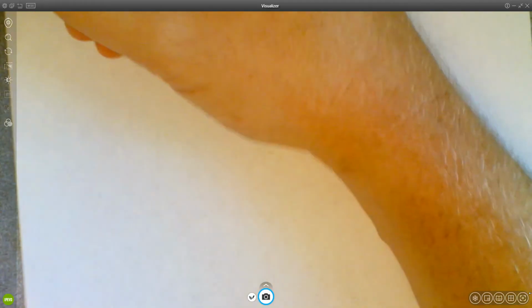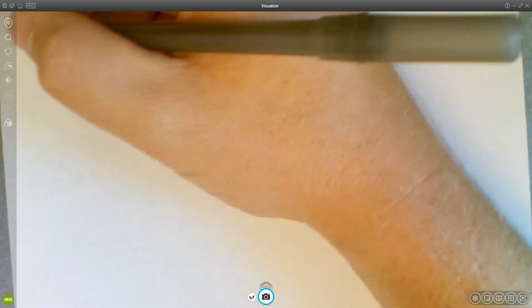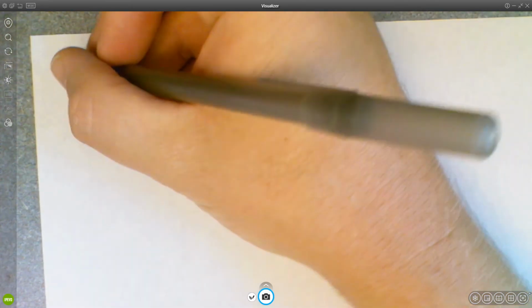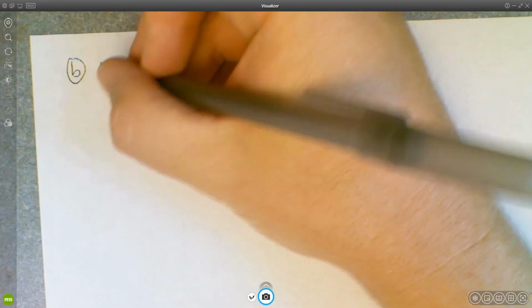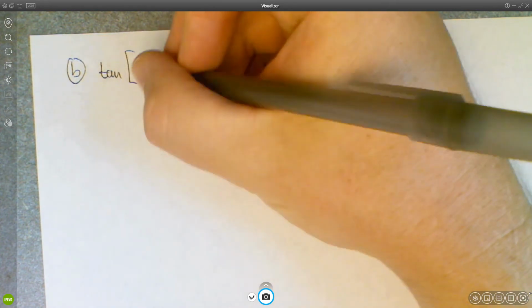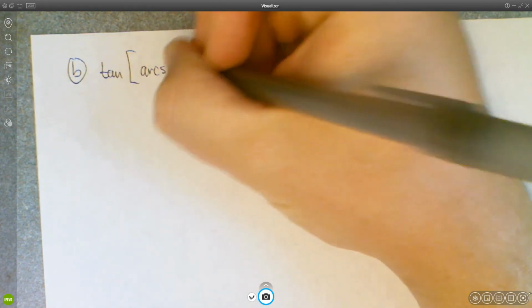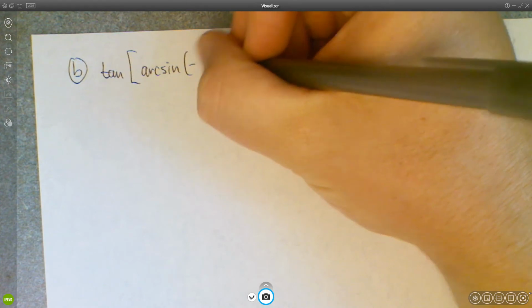Okay, let me give you a couple more kind of like that so you can work on them. So let's do tangent of arc sine of -12/13.